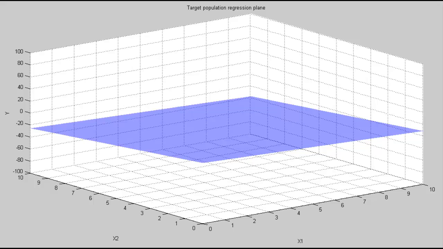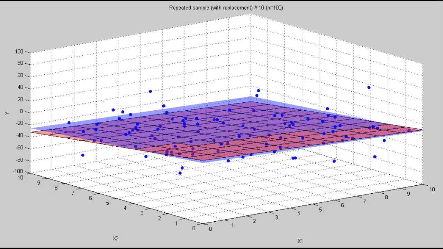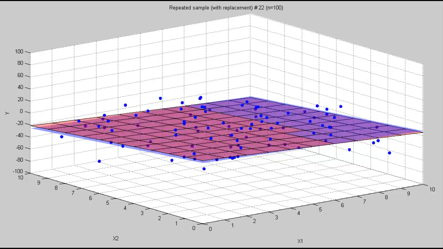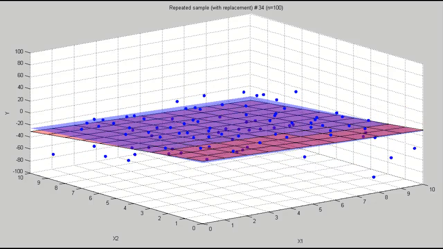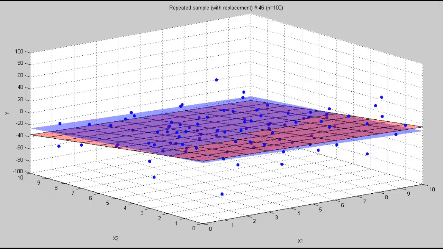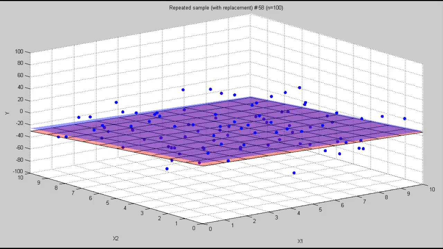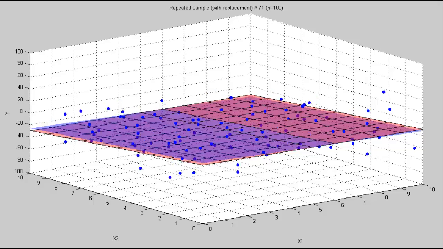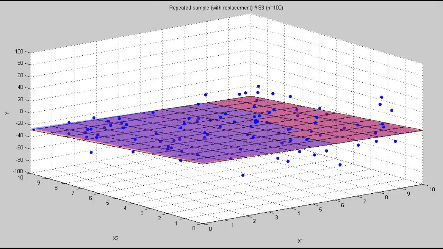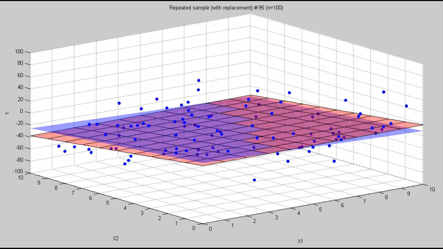So we start again with the structural part of the data generating process in the target population. This is what we're trying to estimate. And now you can see each of these samples has 100 individuals in it. You can already see immediately that the amount of wobble in each of the estimates is considerably less than what we saw when we only had 10 people per sample.